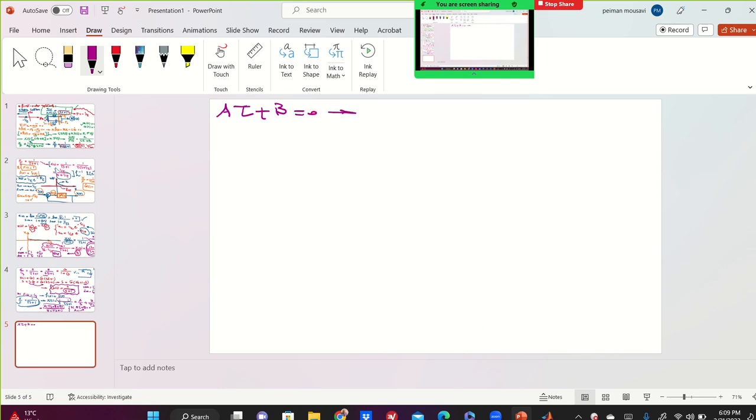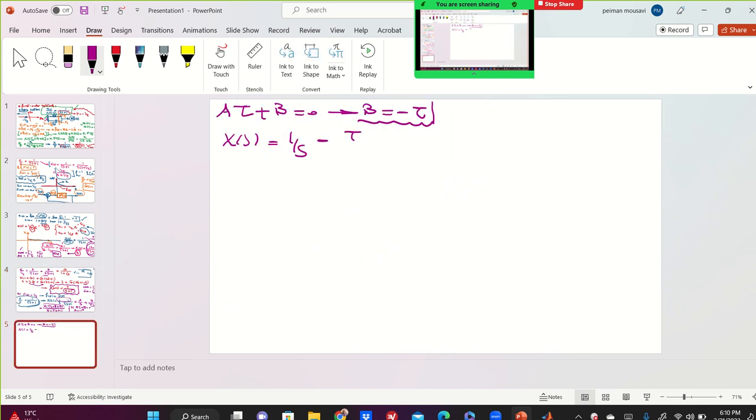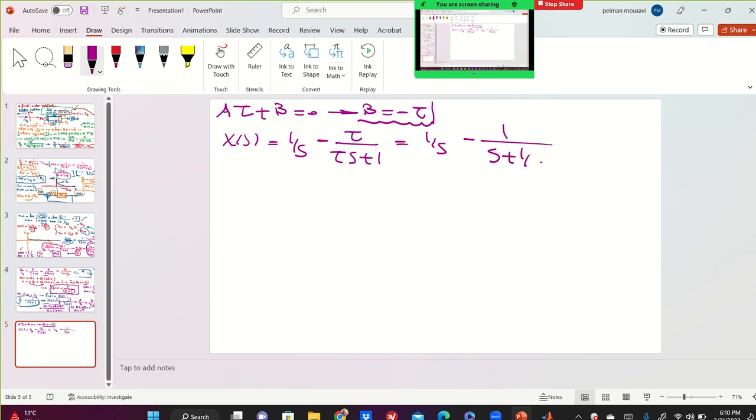So A is 1, so B is going to be minus tau. So your x of s is going to be 1 over s minus tau over tau s plus 1, or 1 over s minus 1 over s plus 1 over tau. If you factor out tau, you get this, obviously. Clear?